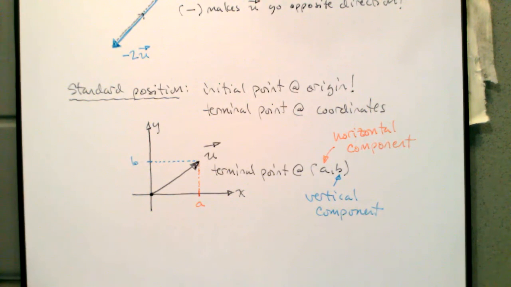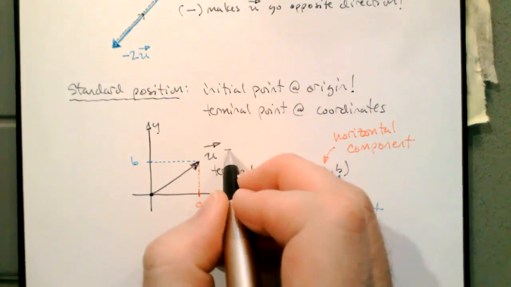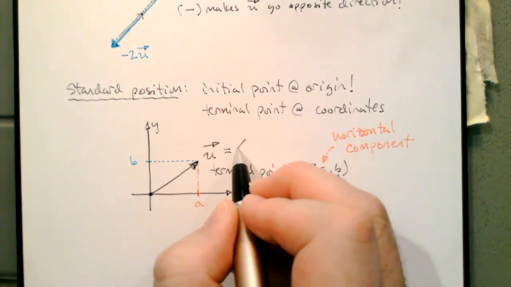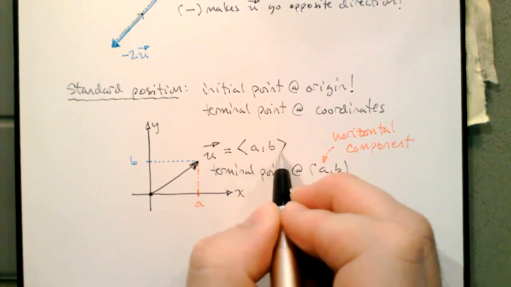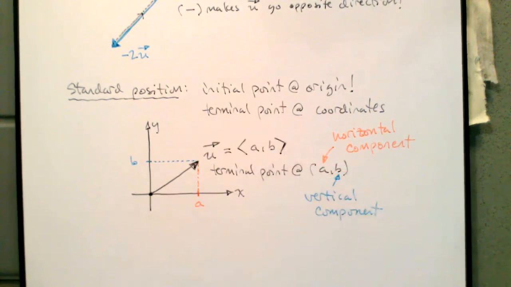So if u is the vector with the terminal point at (a, b), we can indicate what u looks like by using a special kind of bracket. We use these pointy brackets, and then just list the components.